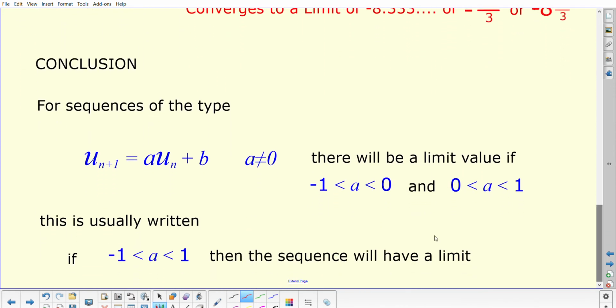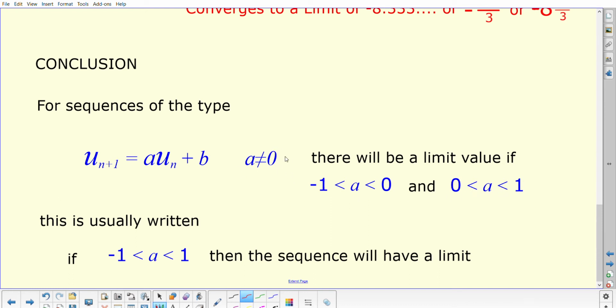So what do we notice? What's different about all those sequences? When will it converge? When will it not? So what you should do, and go back and look at the examples, you'll see that the ones where there was a limit value, or where they converged, the number in front of the un was either in between 0 and -1, so it was a decimal value of something like -0.2, or it could be a positive decimal value in between 0 and 1.